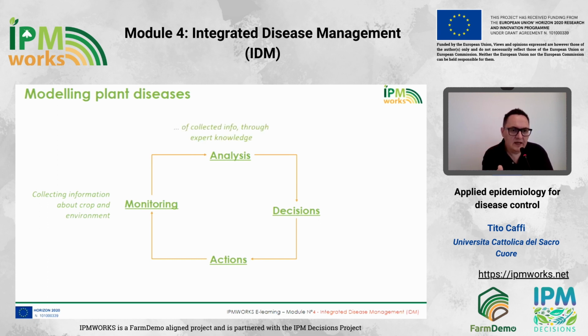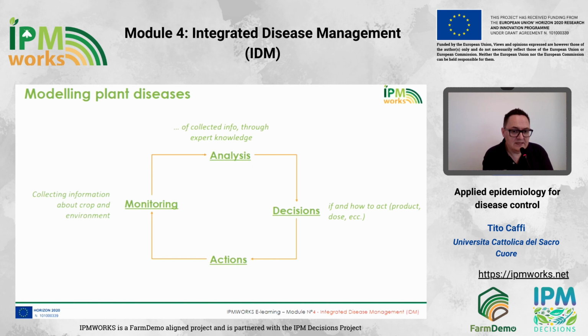And those data should be collected and analyzed through expert knowledge in such a way as to produce alerts and scenarios, allowing the decision making by the farmer on if and how to act.